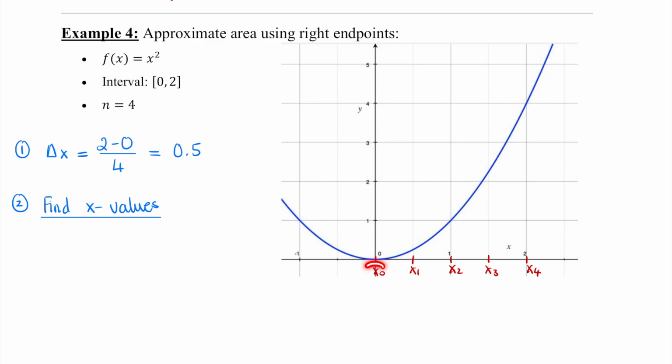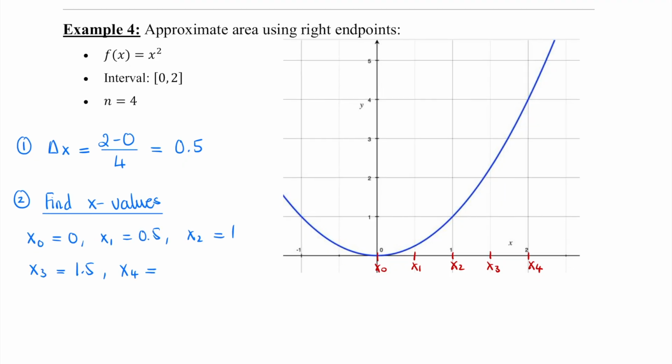When x0 is 0, to find x1, I take 0 plus 0.5, which is 0.5. To find x2, I take 0.5 plus 0.5, which is 1. To find x3, I take 1 plus 0.5, which is 1.5. For the right-endpoint method, we use x1, x2, x3, and x4.